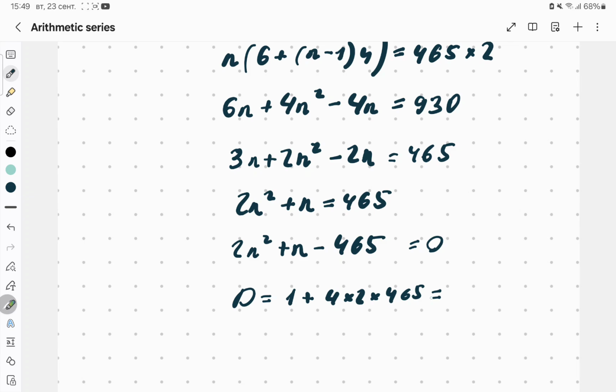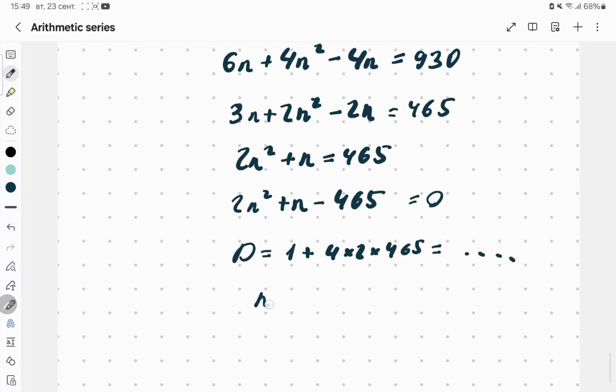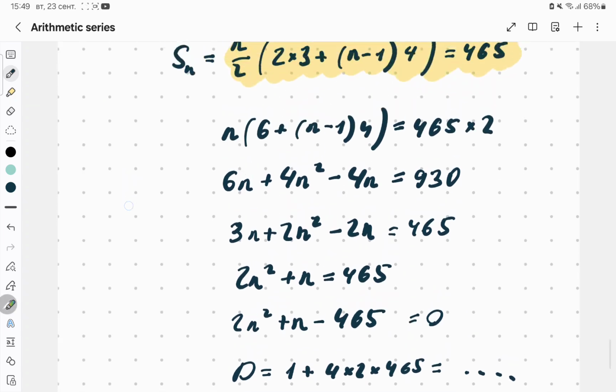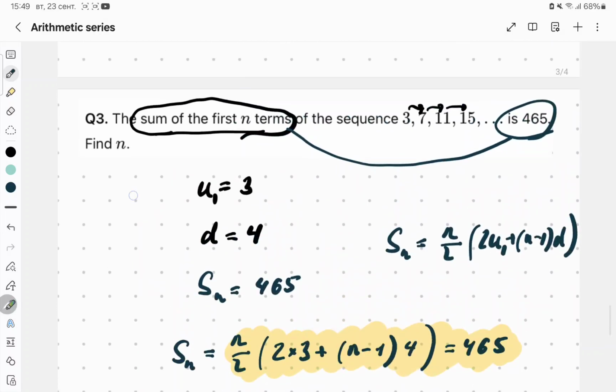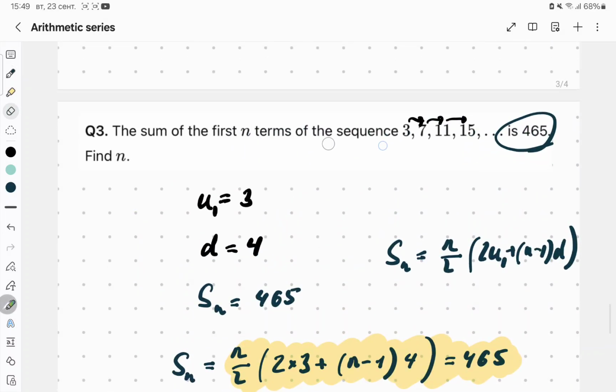Okay, and it is equal to, yeah. So the calculation is not so important here, but anyway, using the GDC, we'll find that n is equal to 15. There will be 2 roots, and we are not counting negative n as an answer, because n must be positive, because it is the number of terms. So it means that 15 terms of this sequence added together give us 465. Okay, this is the idea.